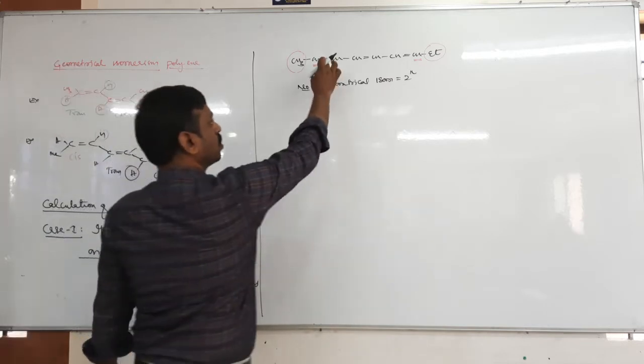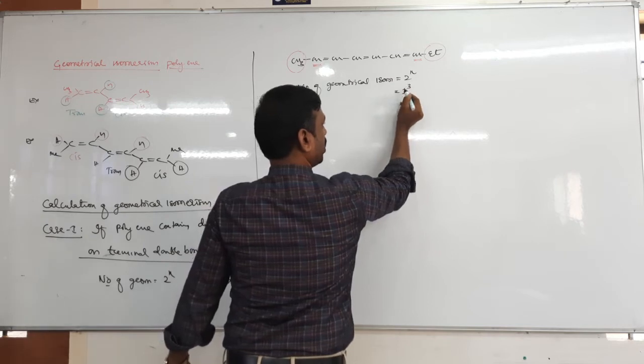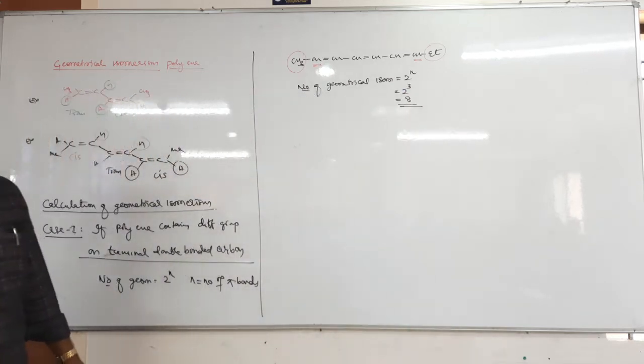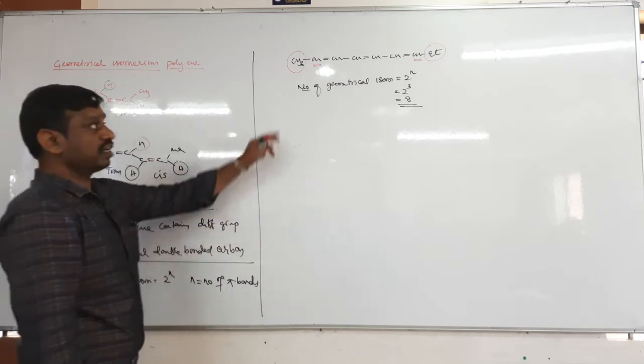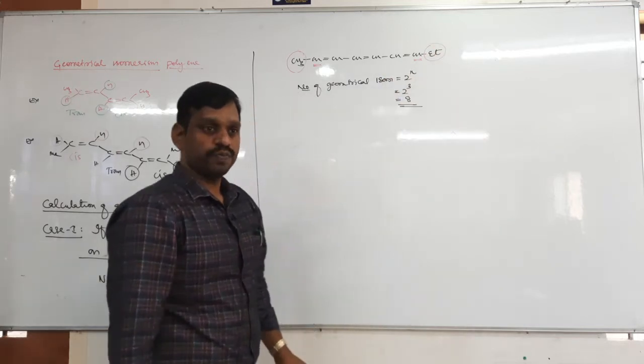How many pi bonds? 1, 2, 3. Therefore it is 2 power 3, so there are 8 geometrical isomers possible for this molecule. But the condition is that the terminal double bonded carbon atom should be attached to different groups.